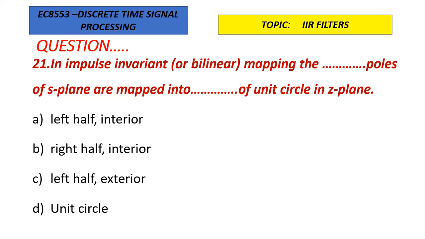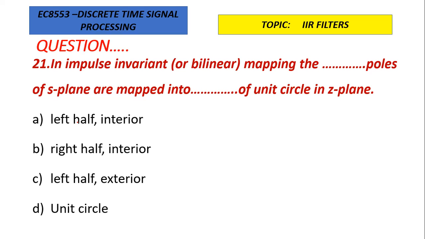In impulse invariant or bilinear mapping, the dash poles of S plane are mapped into dash of unit circle in Z plane. So this is very important. In IIM or bilinear, how are the poles in S plane related to the Z plane?